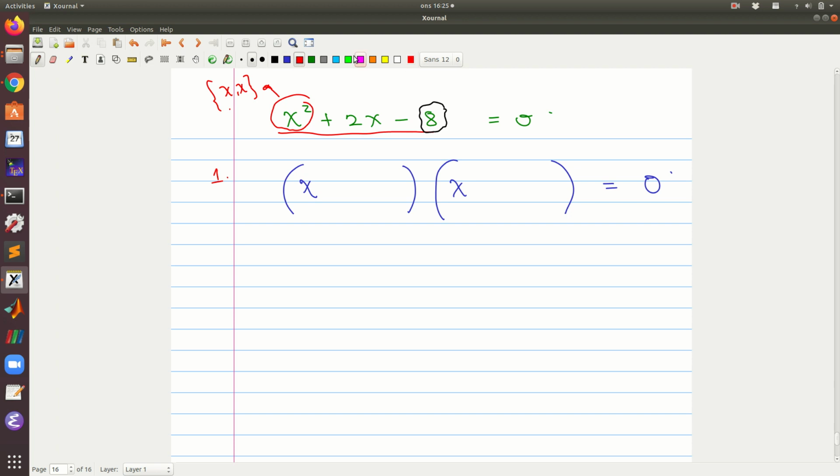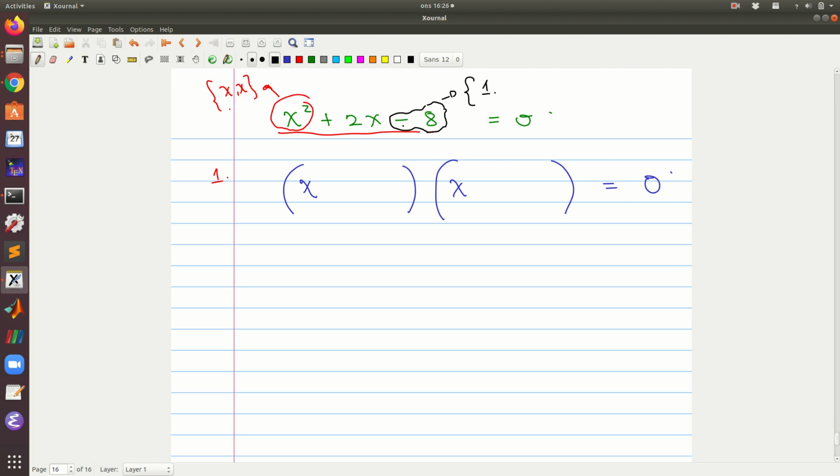Here the factors are going to be 1 and negative 8. Because it is negative 8, by the way, take note of the sign, not just 8, but negative 8, okay? Let me write them in pairs, I think it will be easier.